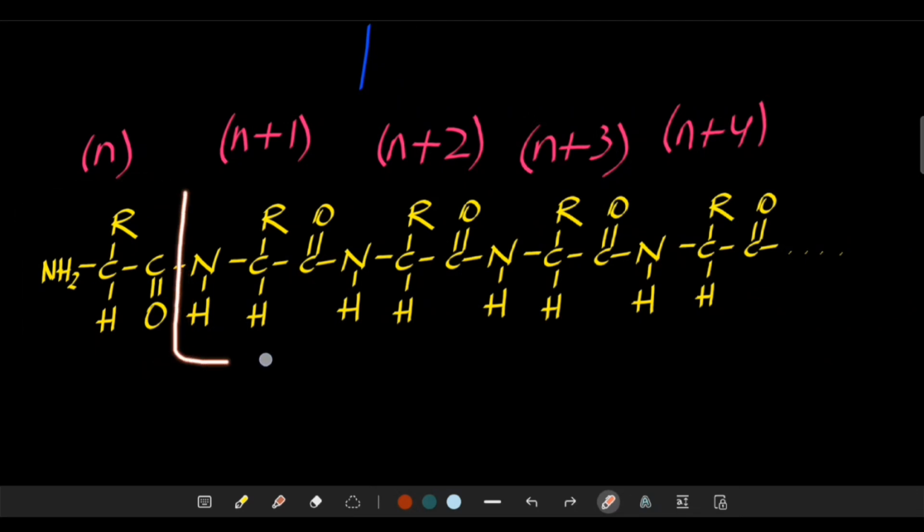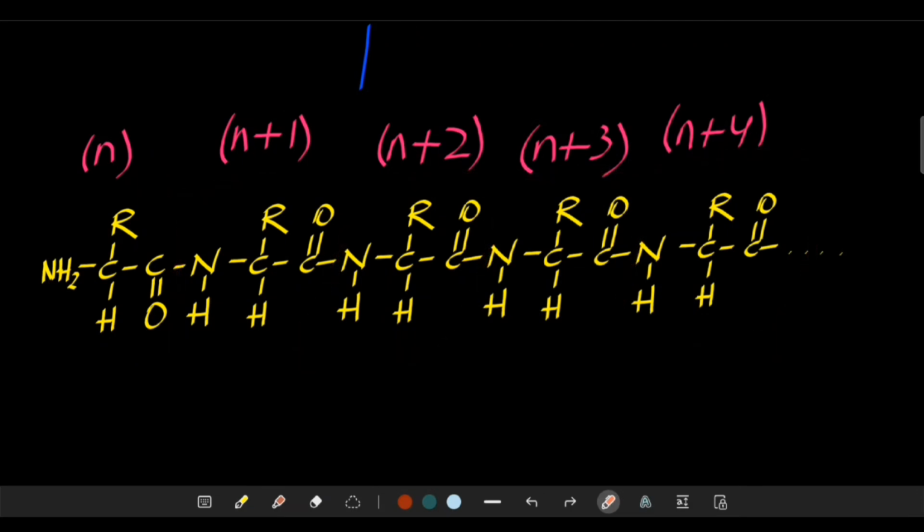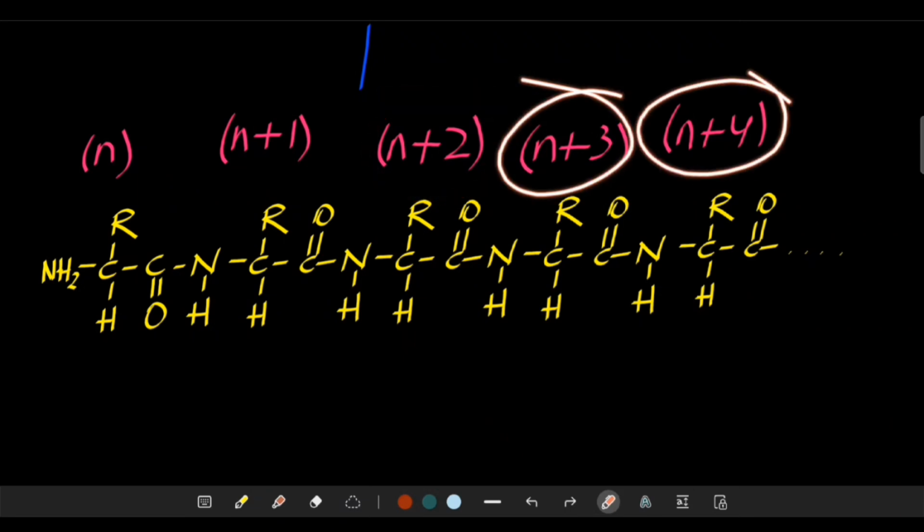This is the second one, this is the third one, this is the fourth one, and this is the fifth one, right? And then how am I going to number them? The first one I'm going to name n, the second one n plus 1, third one n plus 2, fourth one n plus 3, and fifth one n plus 4.